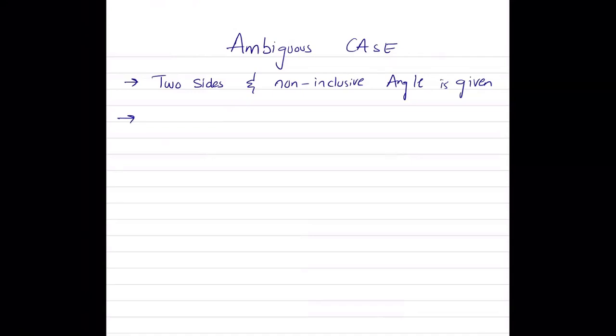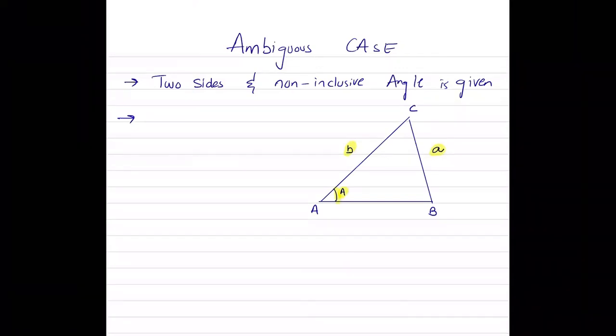I can draw the triangle again, ABC. This is given to us, this is given to us, and this angle A is given to us. So I'm going to highlight that these are the things that are given to us. Now whenever two sides and a non-inclusive angle are given, there could be a possibility of an ambiguous case.